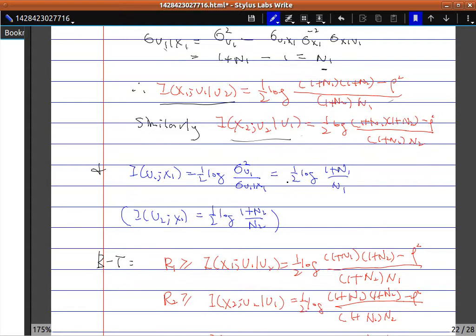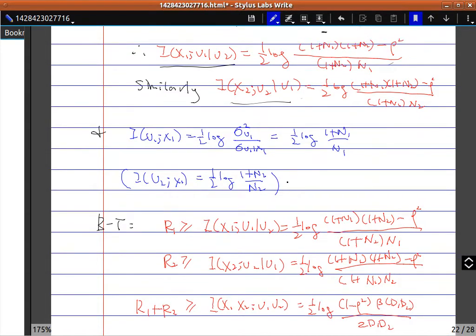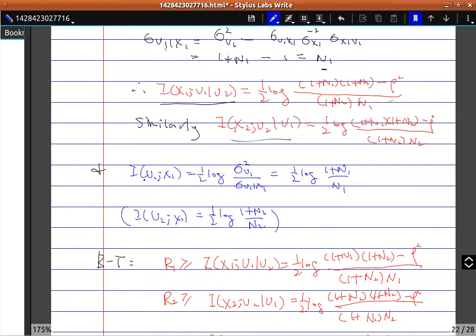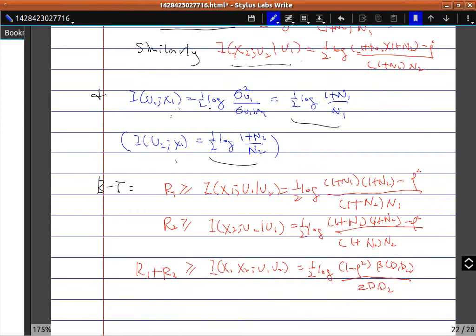Just to summarize, or actually before that, we can also compute I(U1; X1). It's very simple, it's equal to this, and I(U2; X2) is equal to that. We need that sometimes later on, actually almost immediately, so just include it here also.